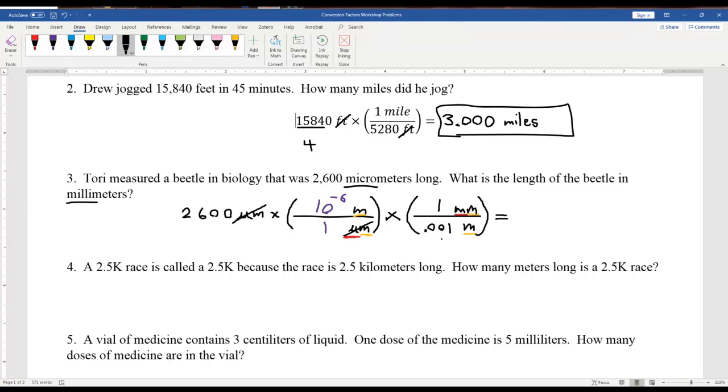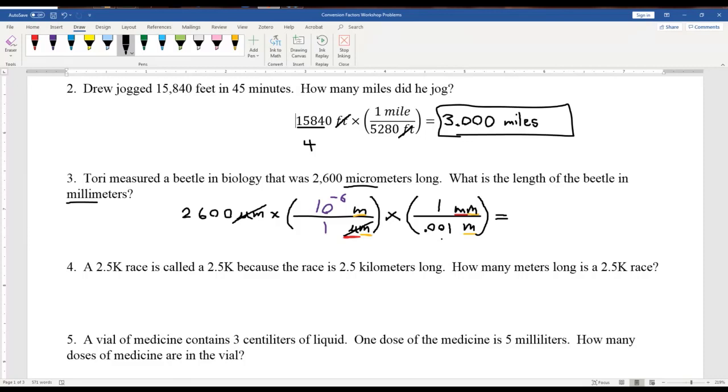If you're using 1,000 for the millimeter conversions and you're using 1,000 for the kilometer conversions, can you see where it's possible you might start getting mixed up and flipping and using the wrong things? You're using the same number, but in a different way.